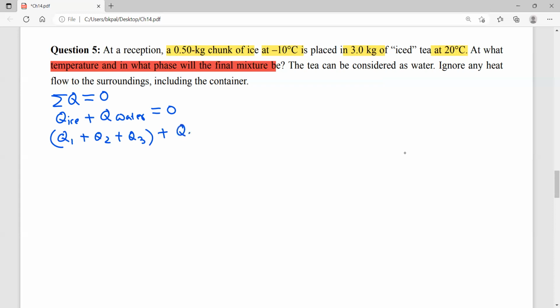So the first term, this parenthesis, is for the ice.